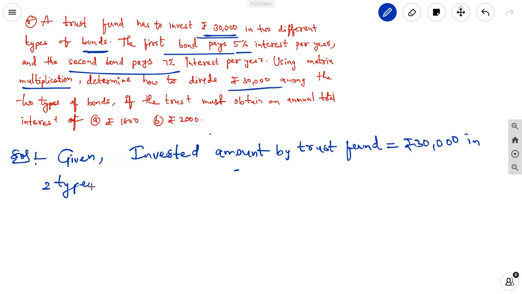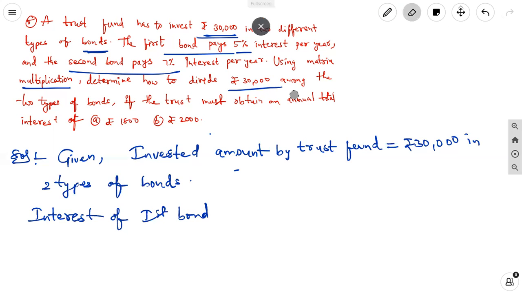How many types? Two types of bonds. The first bond, the rate of interest, interest of first bond is equal to 5 percent.